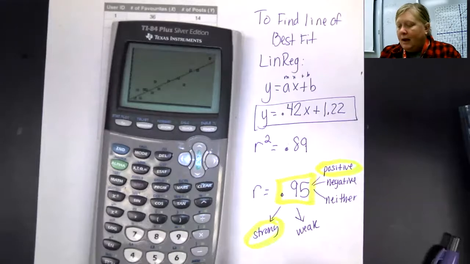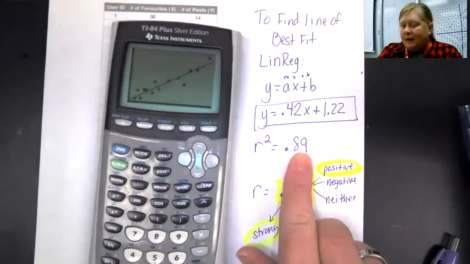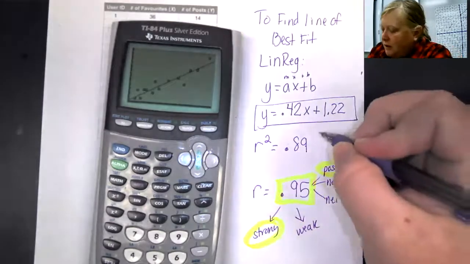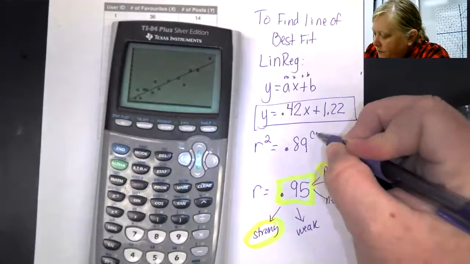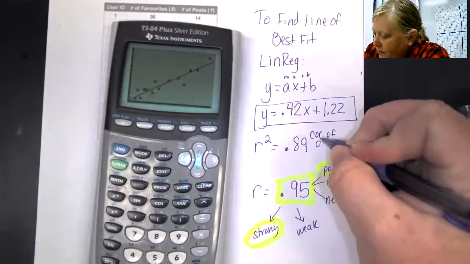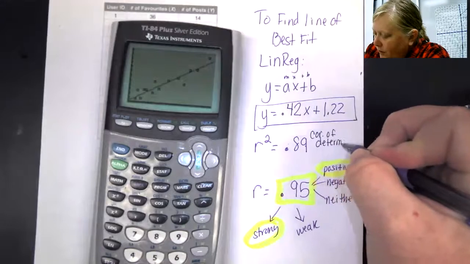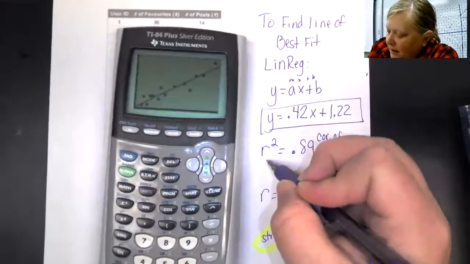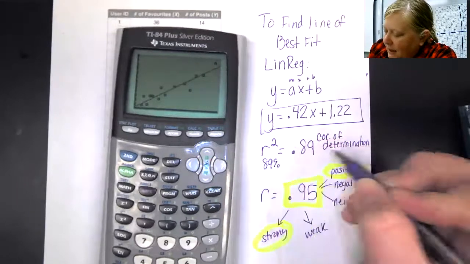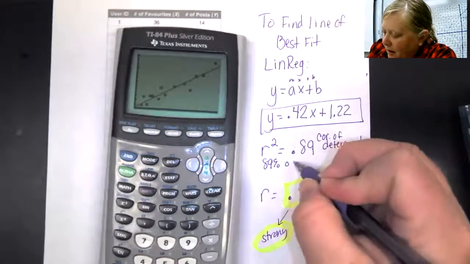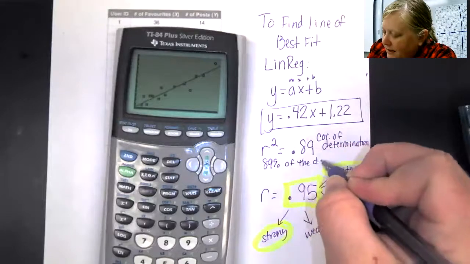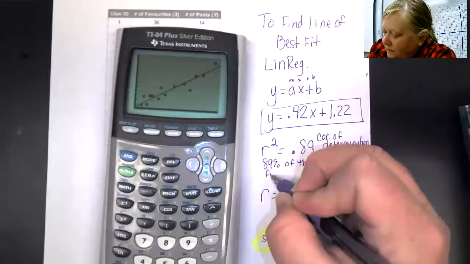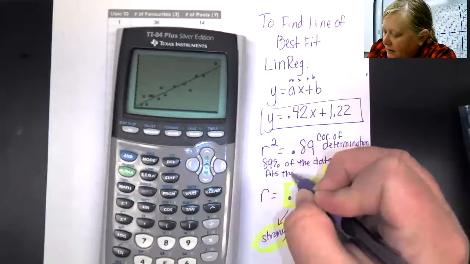Okay? Now, what does this piece mean? This is called the coefficient of determination. Okay? And what this really stands for, you could say it in a statement, is 89% of the data fits the trend.